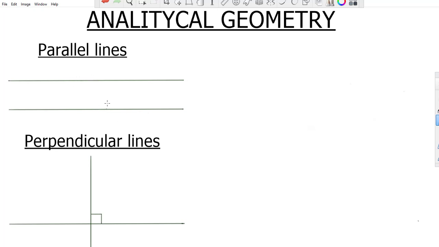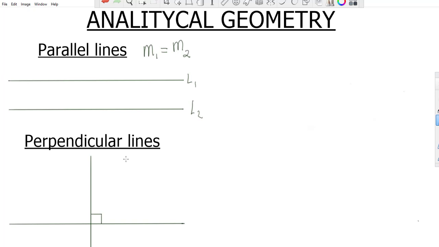Two lines are parallel when the gradient, let's say this is line 1, this is line 2, so the gradient of line 1 should be equal to the gradient of line 2. So in this case you say that the two lines are what? Parallel.